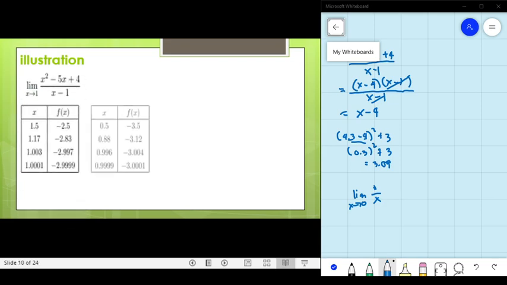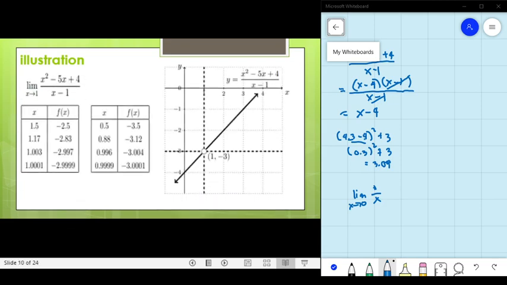And in this one, something different happens. As x approaches 1, the values from the left and from the right do match, which is getting closer and closer to negative 3.